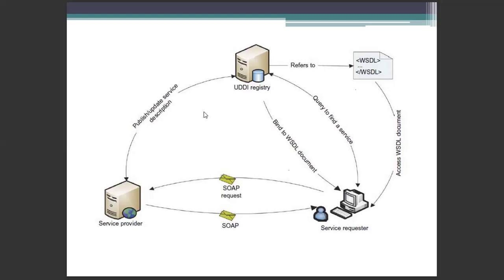And you need to use two kinds of services here: publish and update. Publish means you are registering the data into the UDDI. Update means the published one will be modified. So first the service requester will give a request type to the service provider.